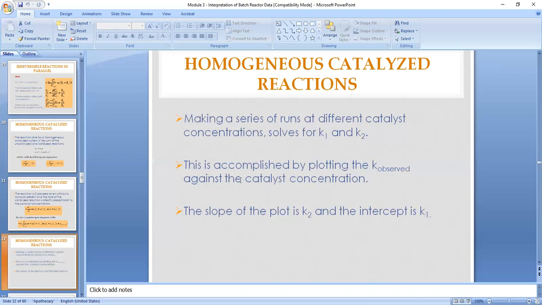So how is it accomplished graphically? You plot the K observed against the catalyst concentration. Now, you may wonder where this is coming from.